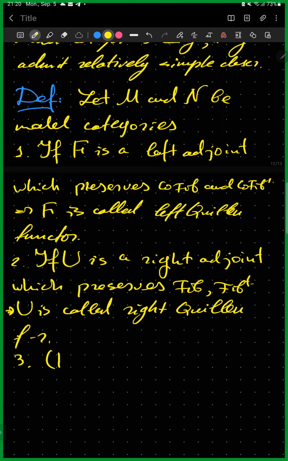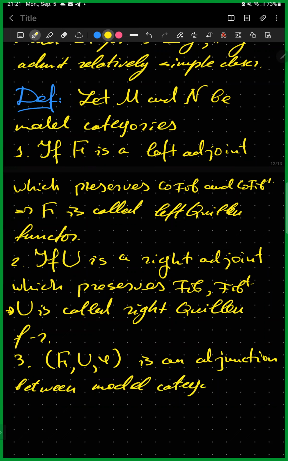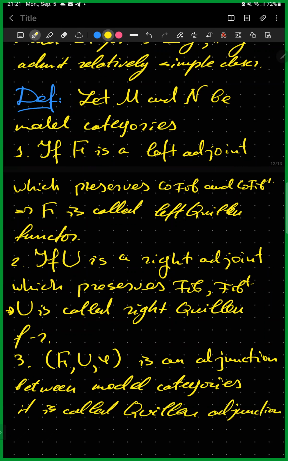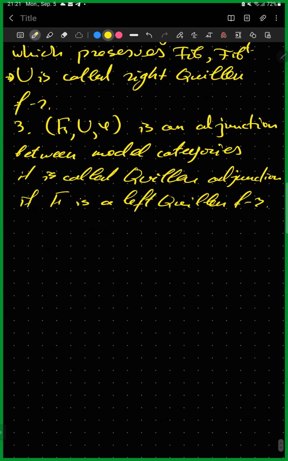Finally, if we have an adjunction between model categories, it is called a Quillen adjunction if F is a left Quillen functor. Okay.